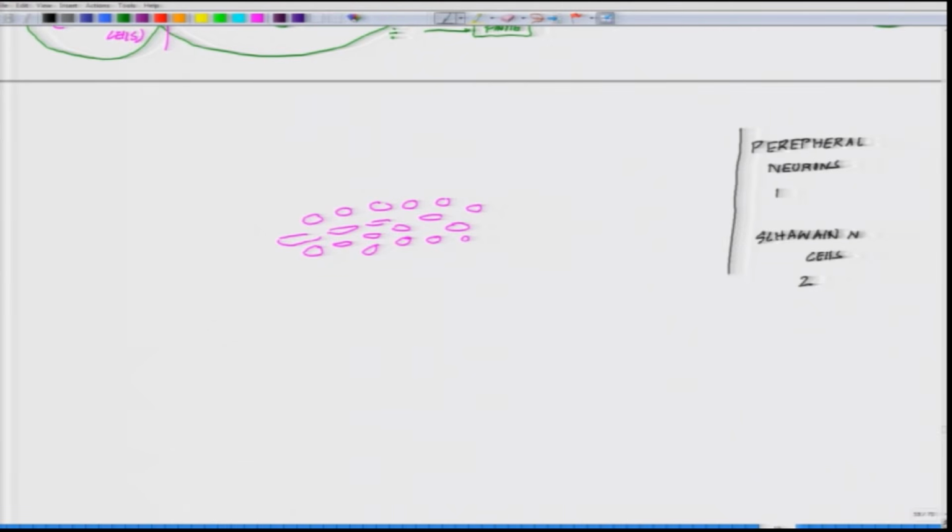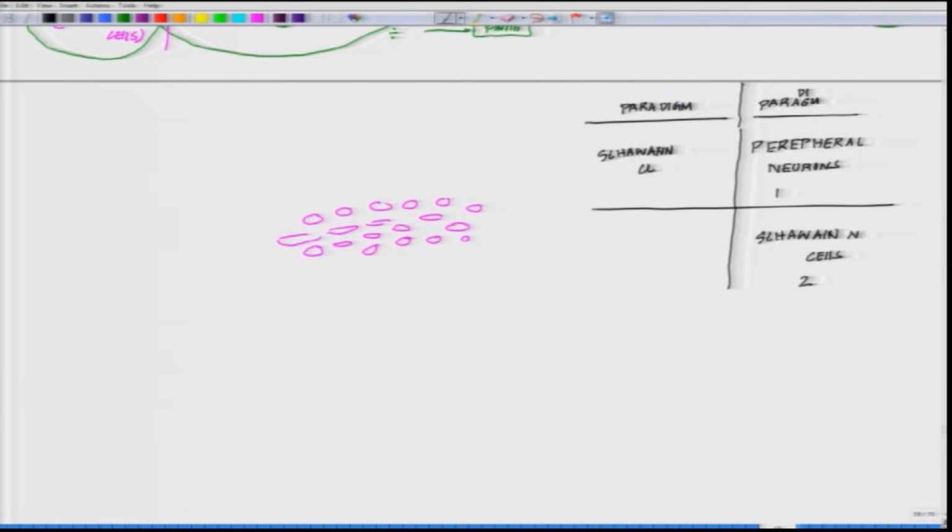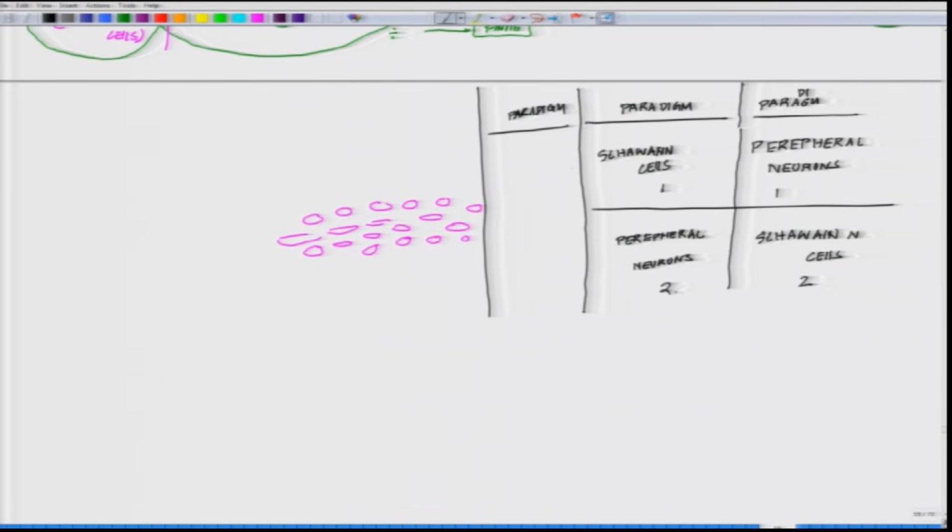If this is one paradigm you are following, there is another paradigm you can follow, where you put the Schwann cells first and you put the peripheral neurons second, or you could have a third paradigm where you put the Schwann cells and the peripheral neurons together.